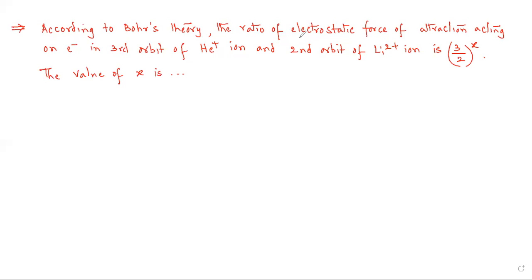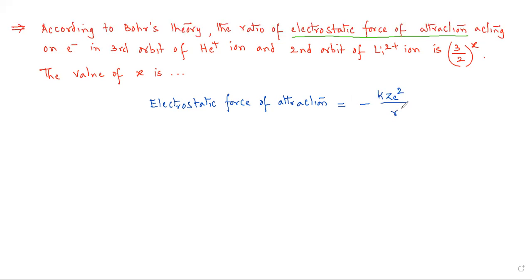Now they are asking the ratio of electrostatic force of attraction. Yesterday I told you what electrostatic attraction is. You know, electrostatic force of attraction is given as minus k z e square by r square.